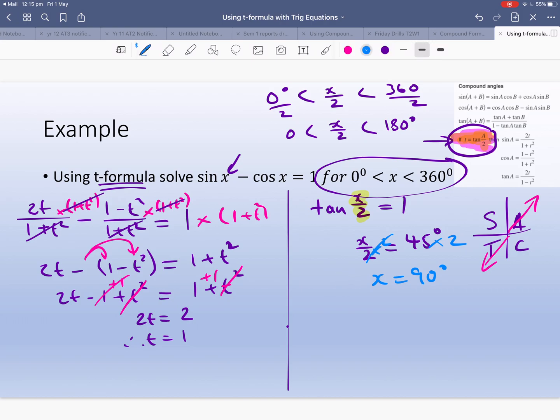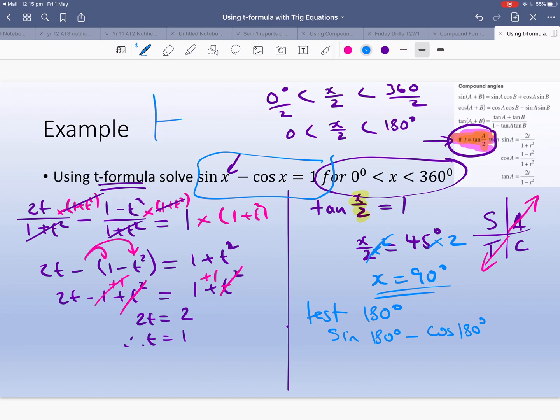So really confident with my answer, x equals 90. But now I'm going to test for 180 degrees. And I'm going to test it in here, okay? So sine 180 minus cos 180. Sine 180, if I look at my sine graph, at 180 it's going to be 0.